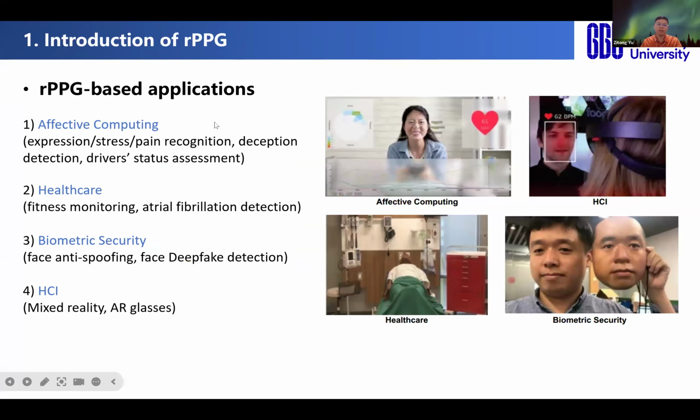But how is it applied in our daily life? For example, it can be used for driver state assessment or healthcare, such as heart disease detection. It can also detect face attacks, and be used in consumer electronics, for example AR glasses.